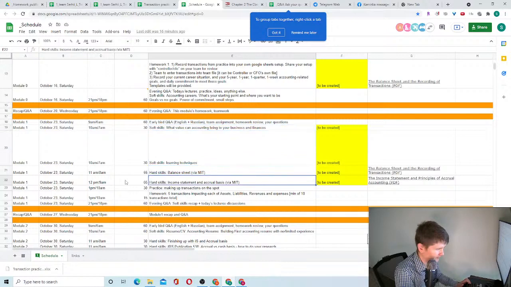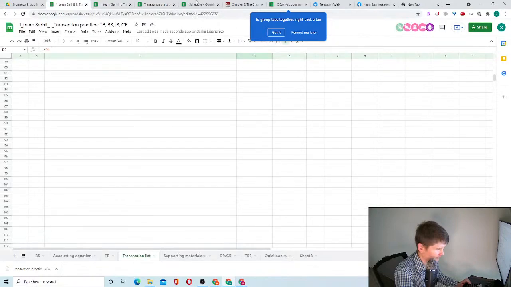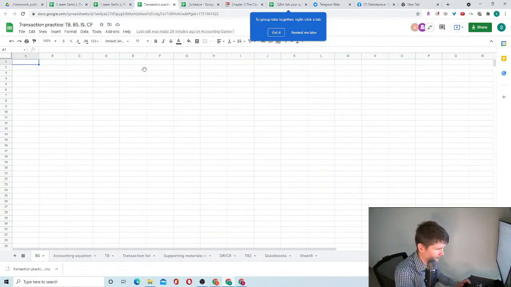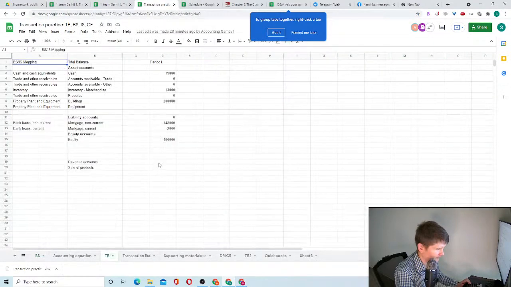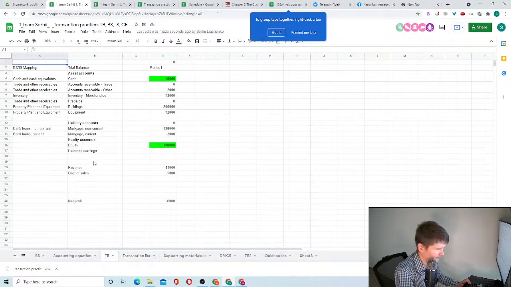Okay. So that is the way your balance sheet balances and your equity grows.